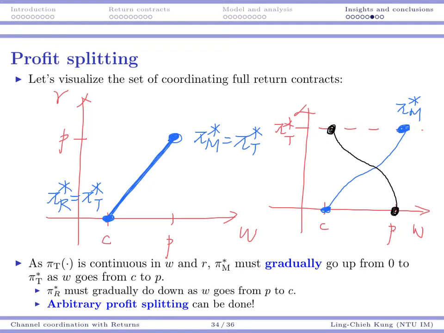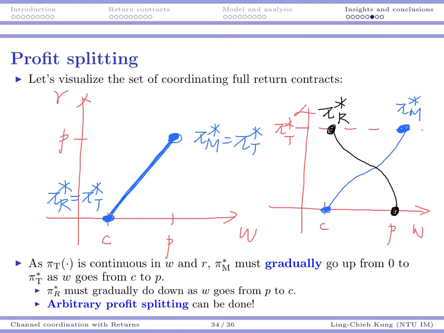The black one is just the retailer's profit. If this is the case, then we know arbitrary profit splitting can be achieved. Given any level of profit you want, there is a W that can help you get that allocation.